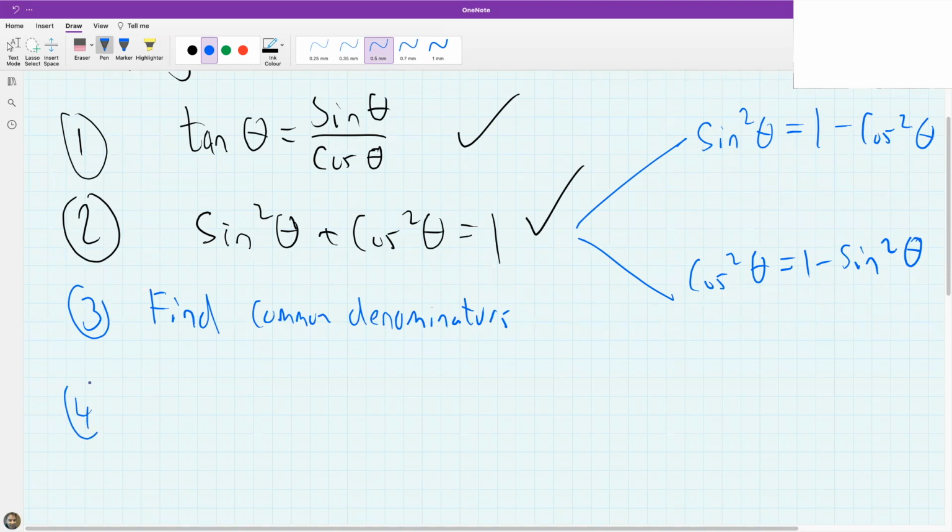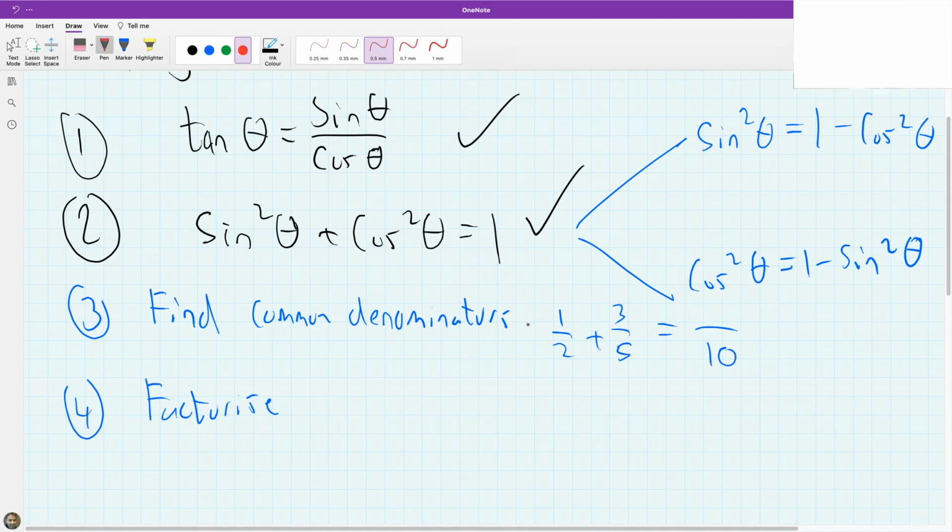And also sometimes you have to be able to factorize. So to give you an example of what it means to find a common denominator, obviously with trig, it's one thing, but if I said to you a half plus 3 over 5, in order to find a common denominator for those two, the common denominator you want is 10.